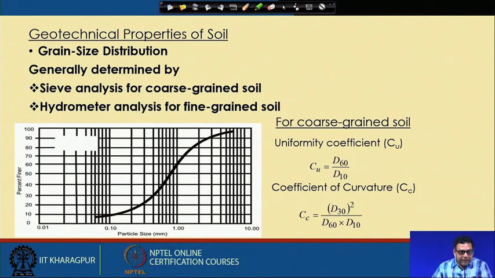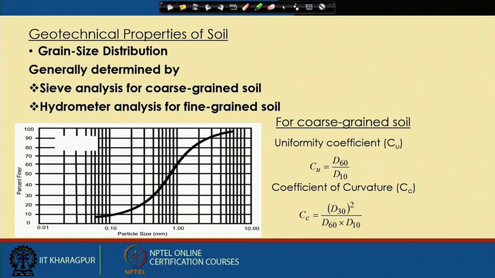The first thing we should know is the grain size distribution of soil. This is one of the important parameters, that is, which type of soil we will use for our design, what properties we will use for which type of soil, and how I will determine those properties.